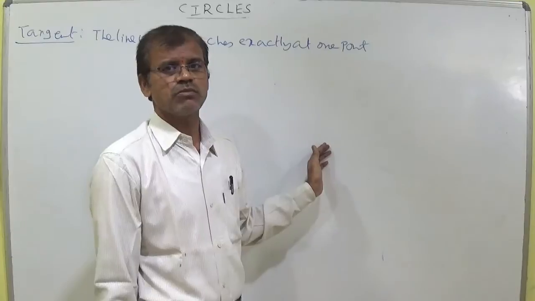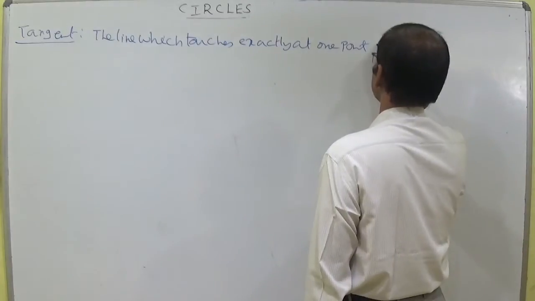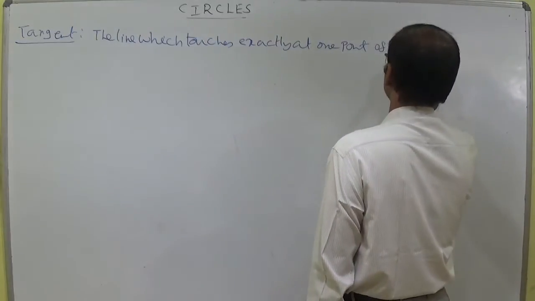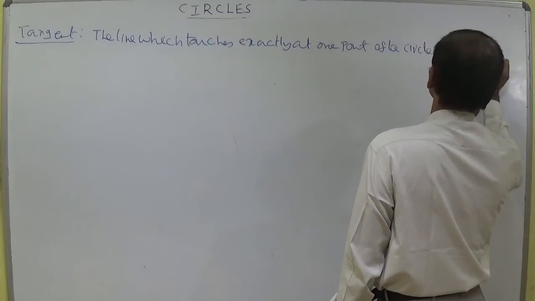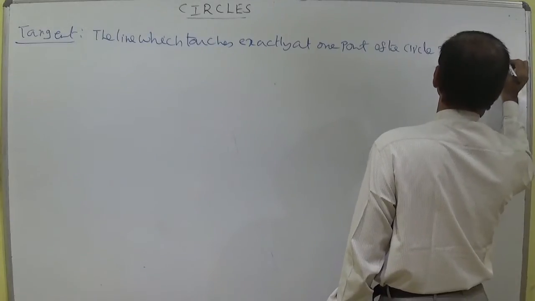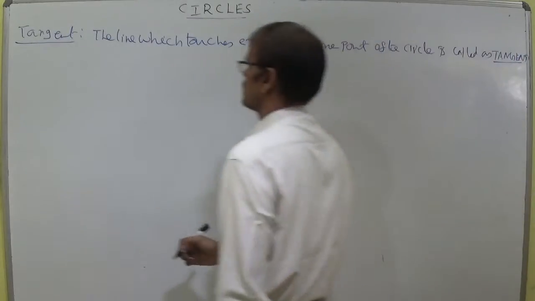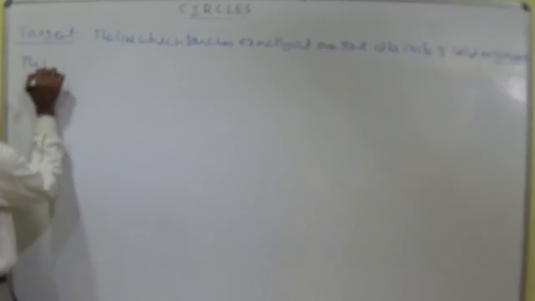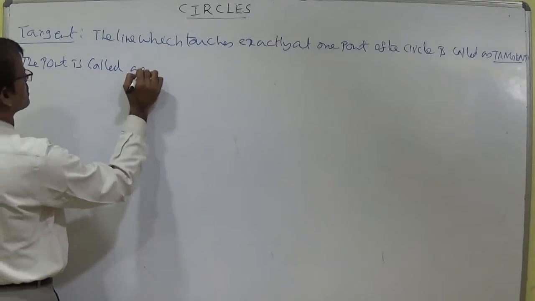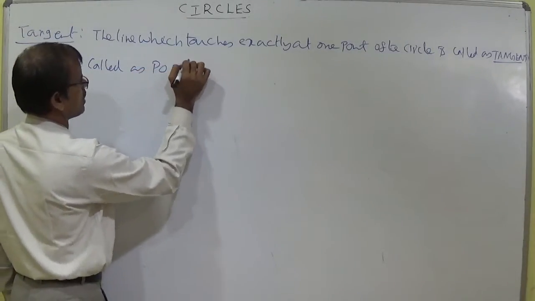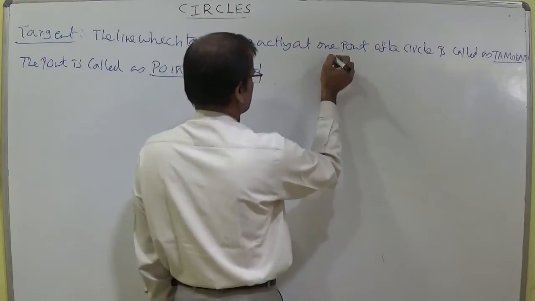Now we are going to discuss the circle, so write here circle. The line which touches exactly at one point of the circle is called a tangent. The point is called the point of contact.